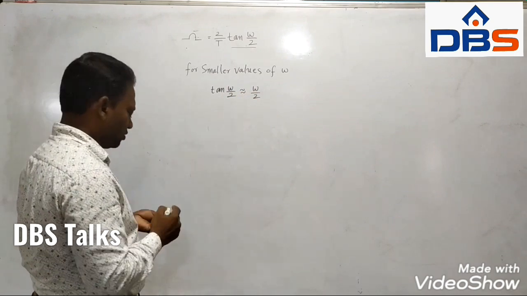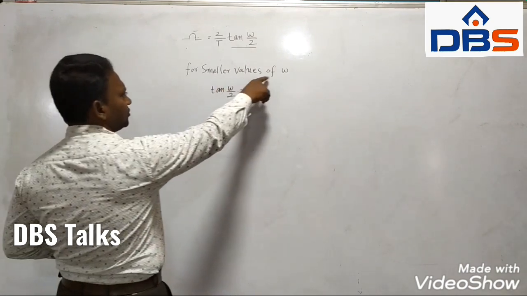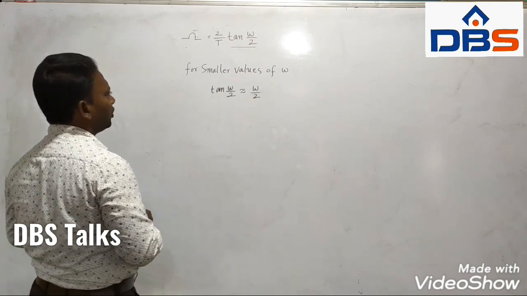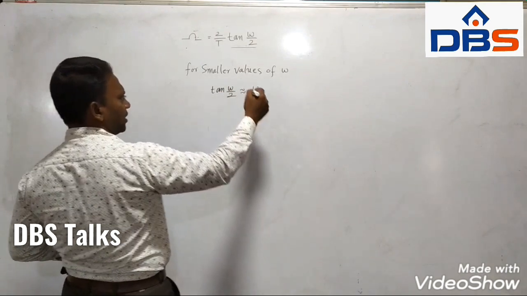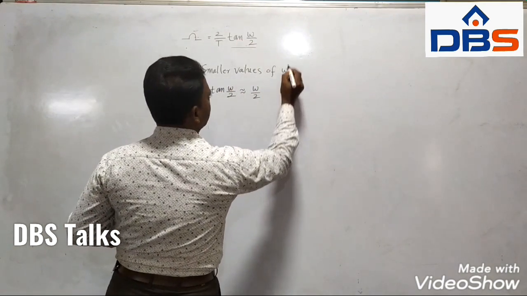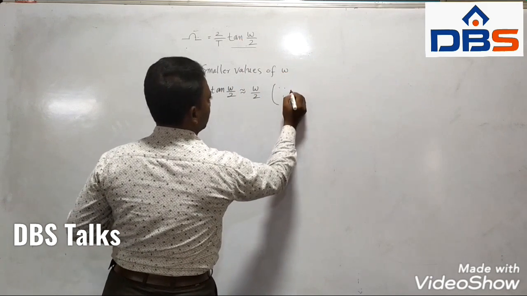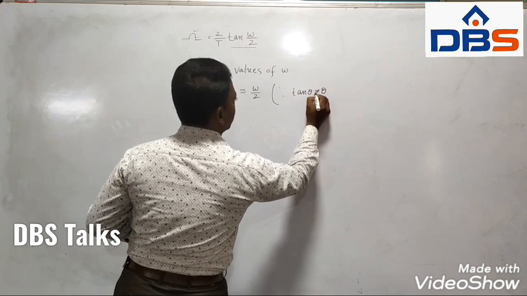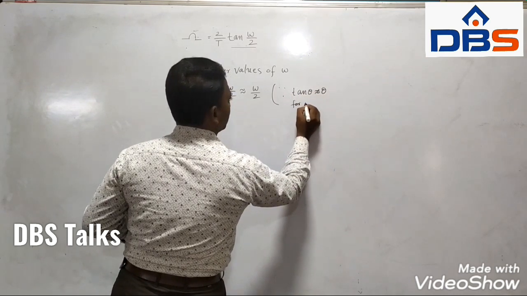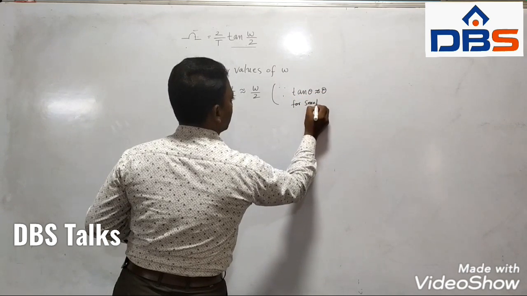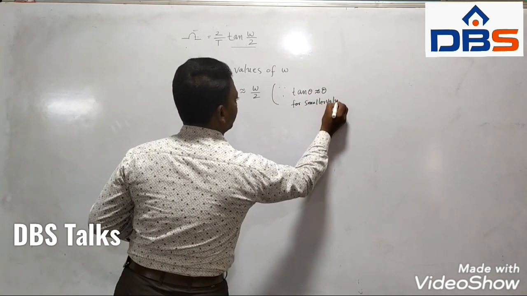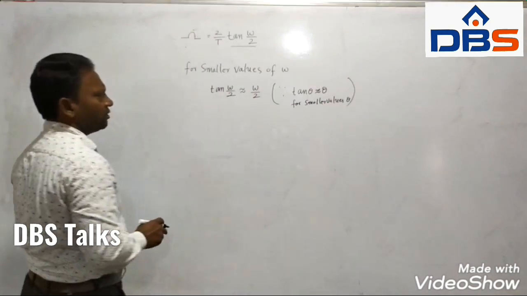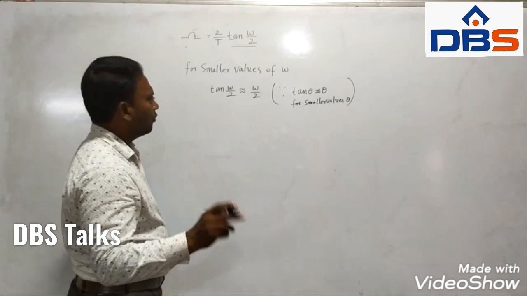For smaller values of omega, tan omega by 2 is nothing but omega by 2. Why is this happening? Because for small values of theta, tan theta is approximately equal to theta, for smaller values of theta. So using that relation we are saying tan omega by 2 is approximately equal to omega by 2.